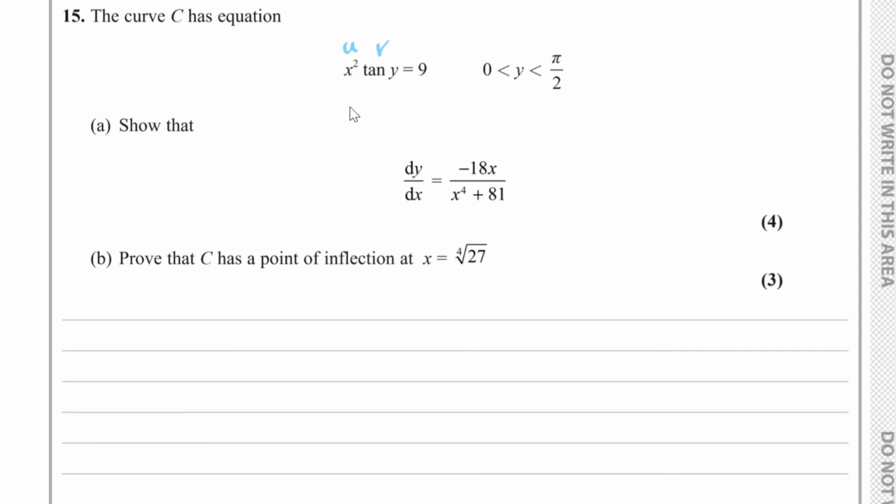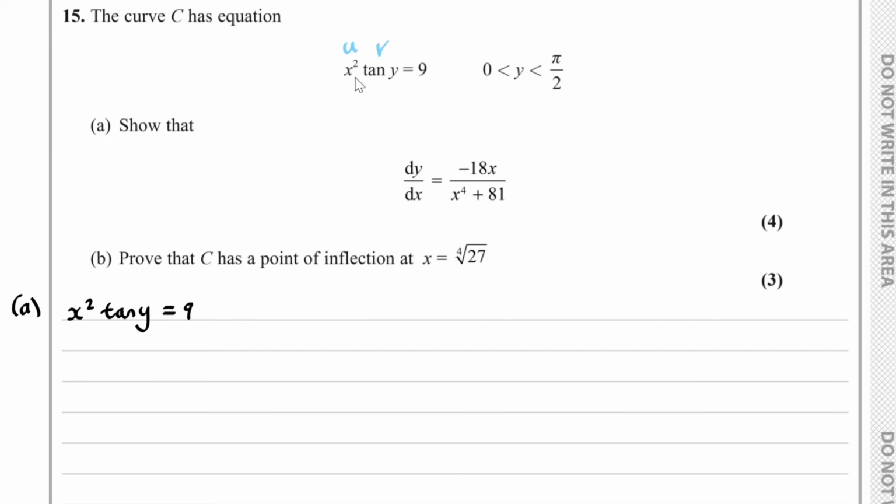First of all, let's just copy out the question. We have x squared tan y, which is equal to 9. And for this, there's no y's involved on the right. So let's just start off by differentiating.